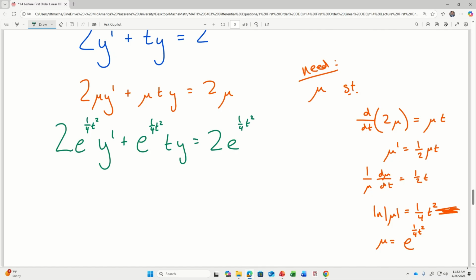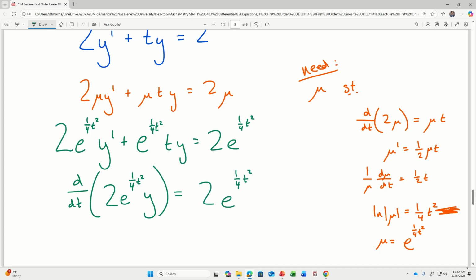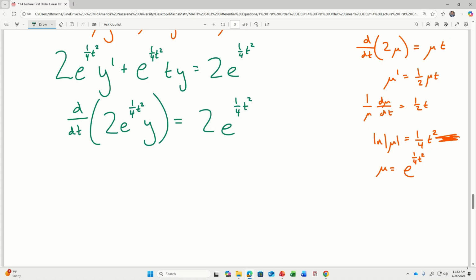And on the left side, we can reverse the derivative product rule and write the derivative with respect to t of 2e to the 1/4 t squared y. On the right side, 2e to the 1/4 t squared. And now I would need to take the antiderivative of both sides of this equation.